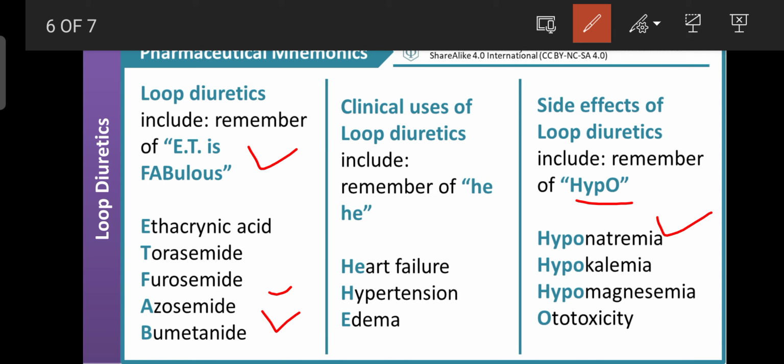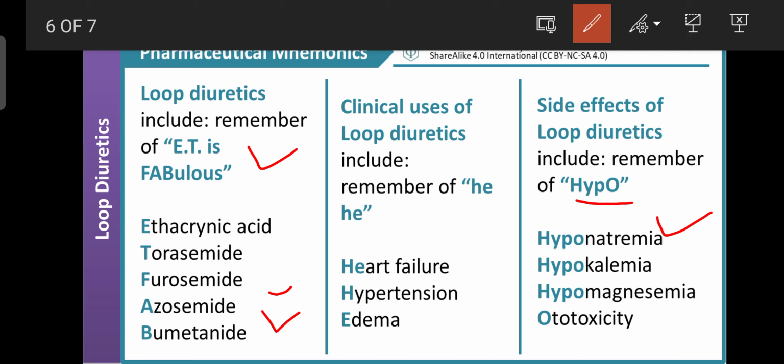About 60 to 80% of sodium can be reabsorbed from the loop of Henle, and here the loop diuretics inhibit reabsorption. Then loss of sodium occurs, so that is responsible for the low concentration of sodium in the blood. That condition is known as hyponatremia, and hyponatremia is an ADR or side effect of the loop diuretics.